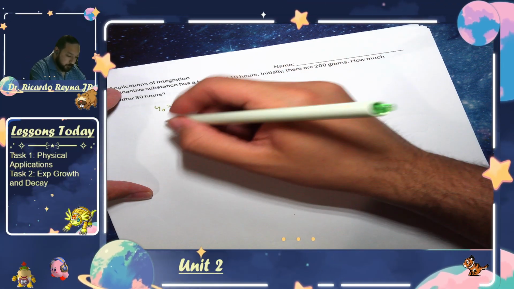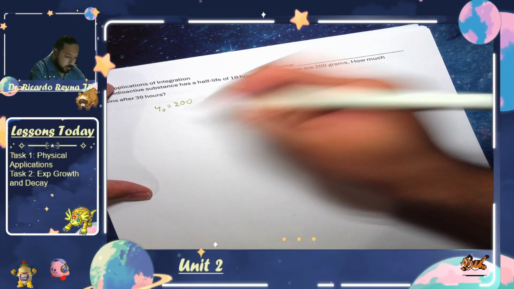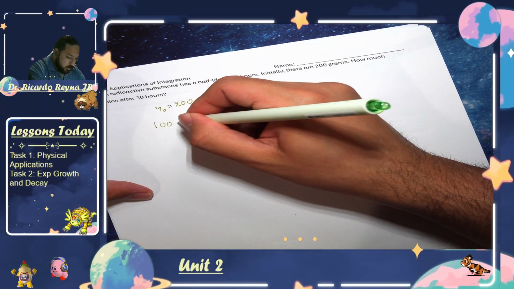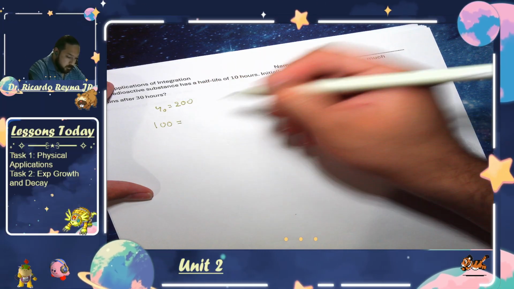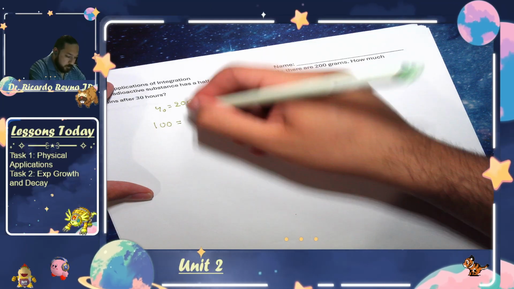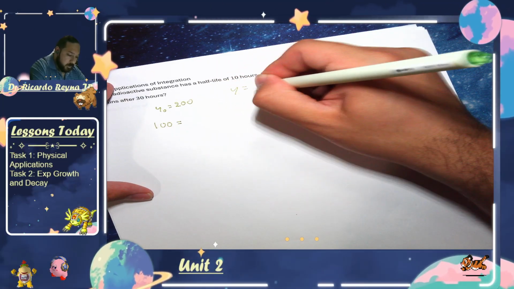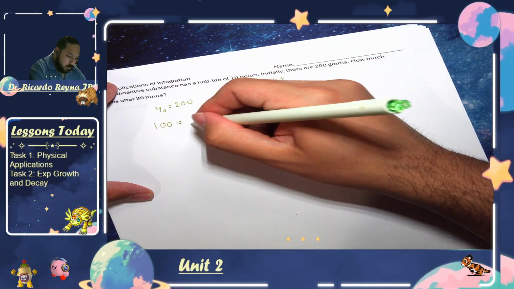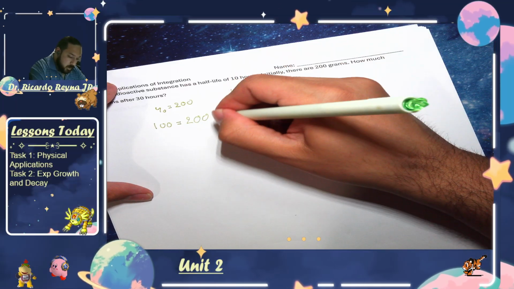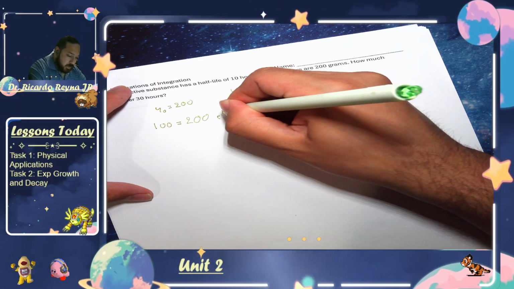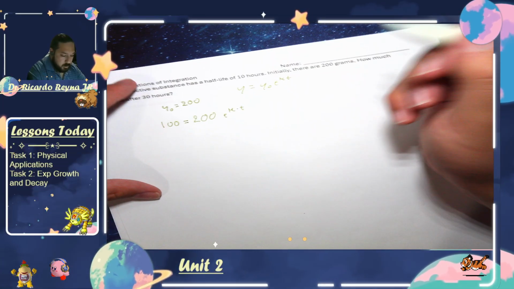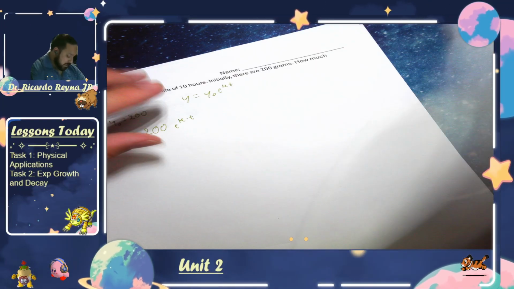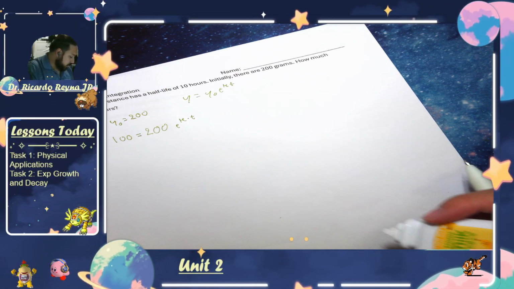We have 100 is equal to, let me rewrite the formula just so I don't butcher anything by accident, 200 e to the k times t. But this is for that 100 for when that t is actually going to be 10.